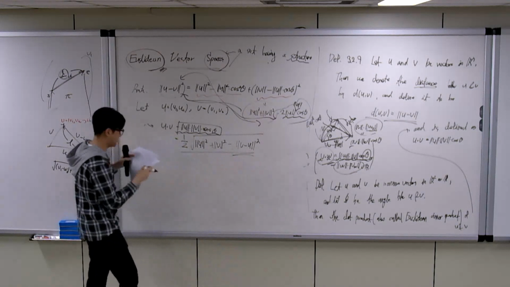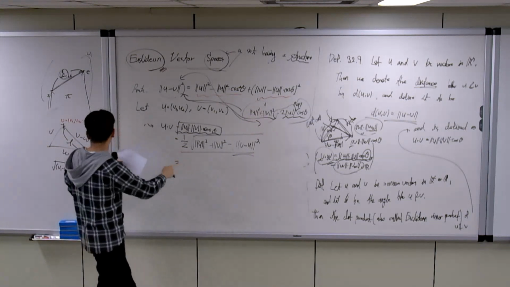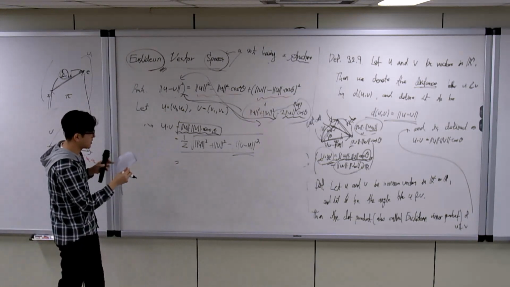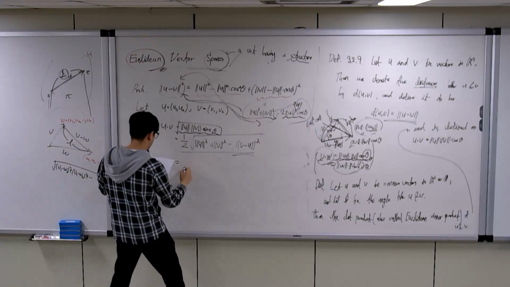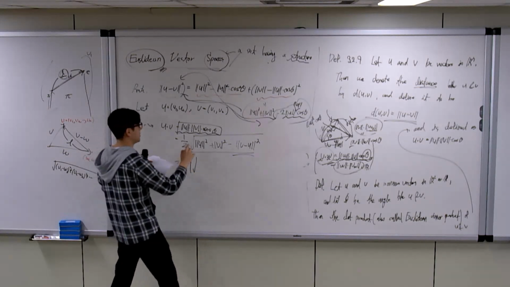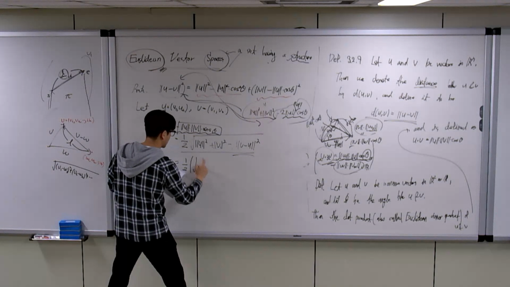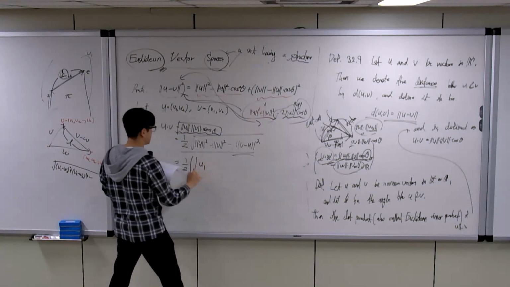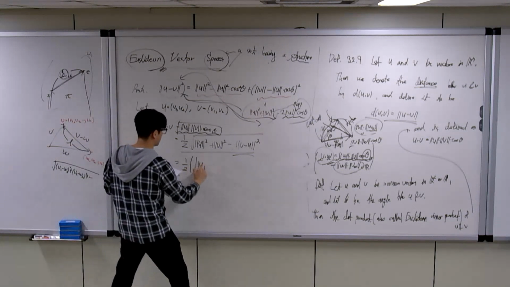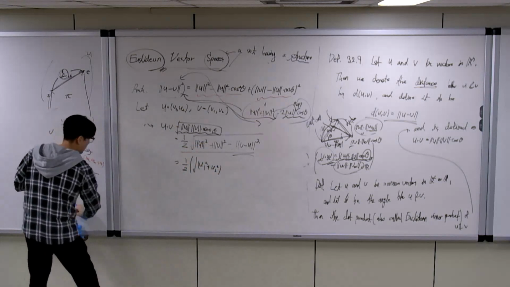And we know the norm of this value, and it is written in the notation of each vector in coordinate system, u1 square plus u2 square, the square root.